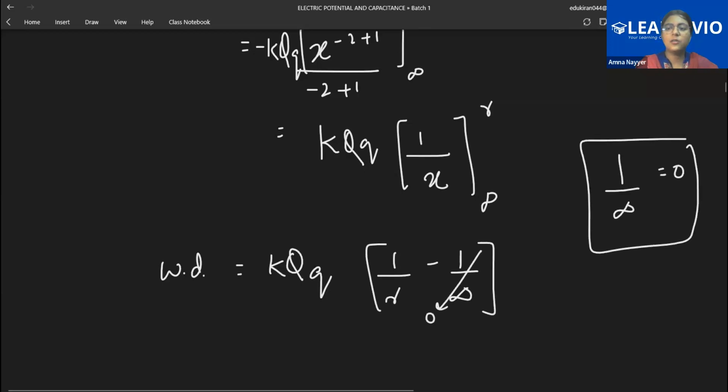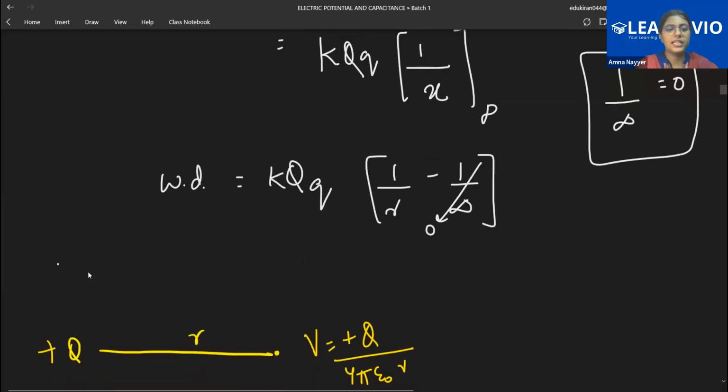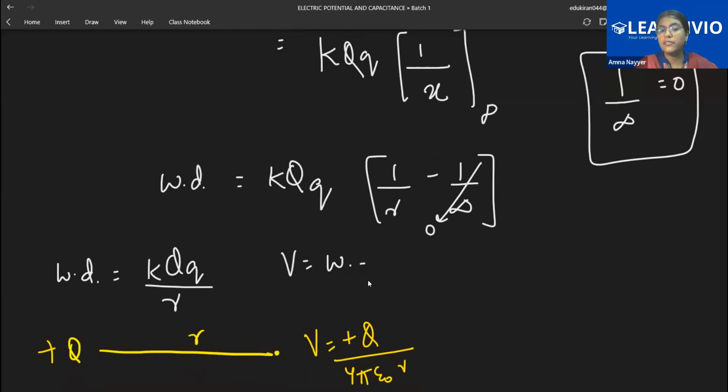Work done is equal to K capital Q small q divided by R. And we have seen potential is equal to work done divided by charge. So potential will be equal to K capital Q small q divided by R, that is the work done, divided by charge. Charge is q. So what is the formula?